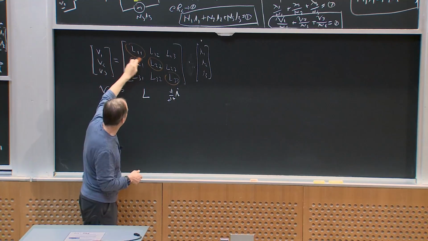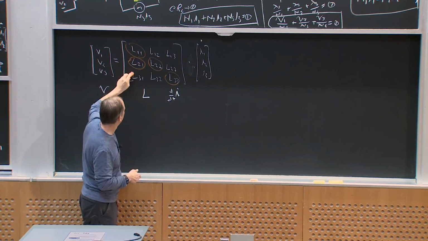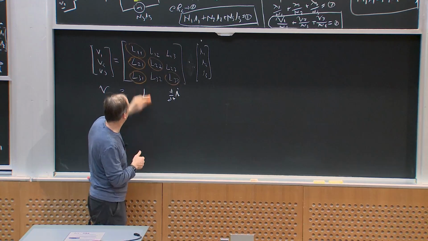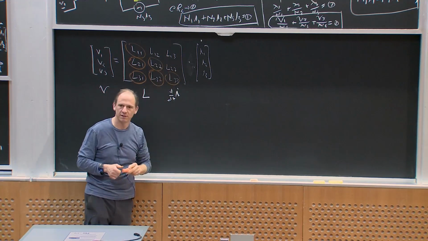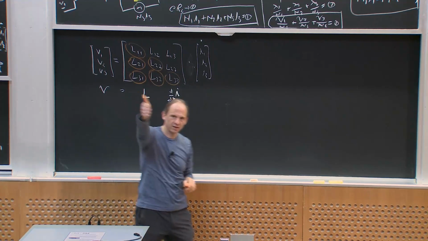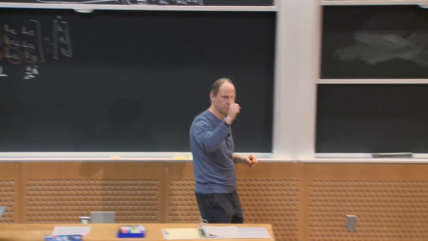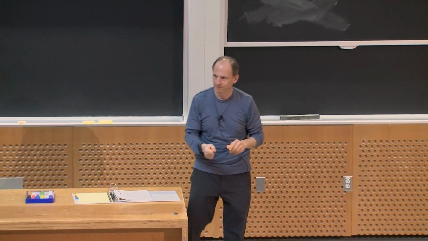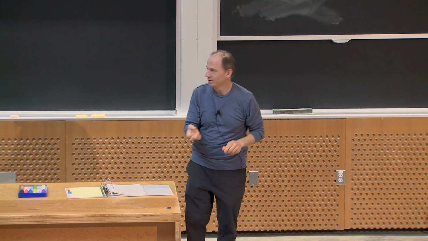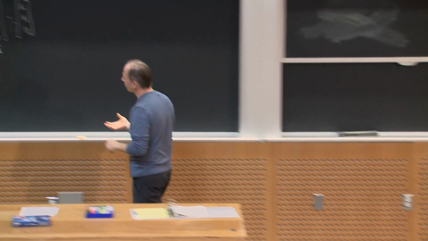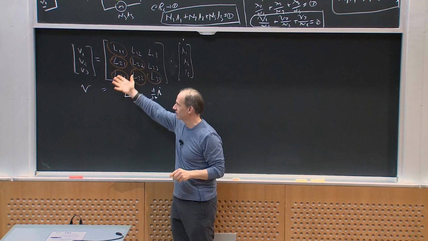Then I have L21, which is equal to L12, L31, which is equal to L13, and L32, which is equal to L23. So if I have a single inductor, I have one free parameter. If I have a 2x2, I have 3 parameters. If I have a 3x3, I have 6 parameters.